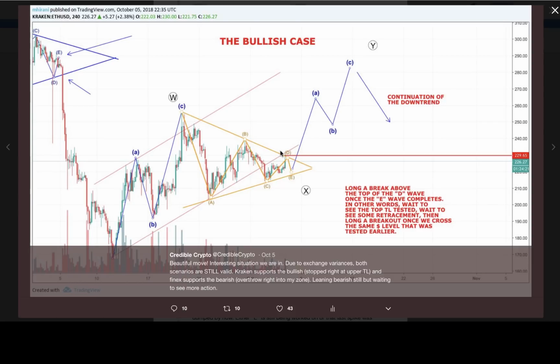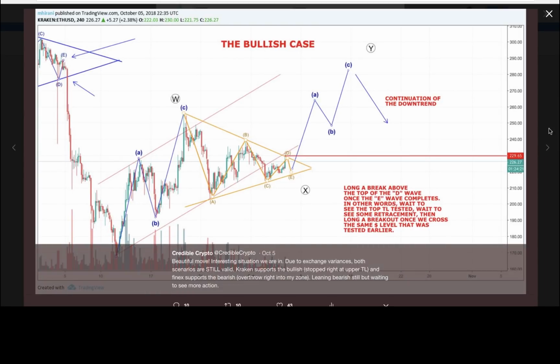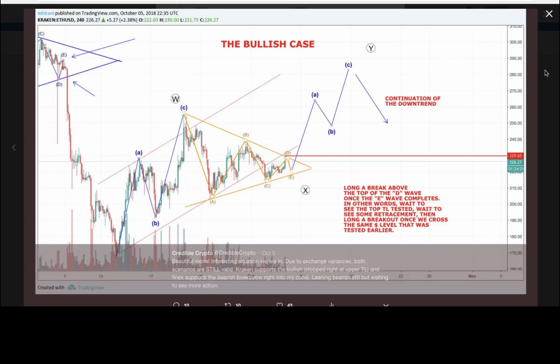I wasn't 100% that the bearish case was playing out because I didn't see that overthrow that we got on the prior exchange. So at this point, I was still a little bit cautious, and we're going to go ahead and now forward to the next chart, which is going to show you an update of what happened next.